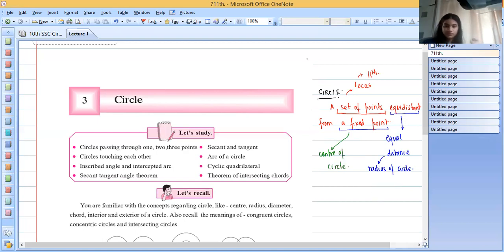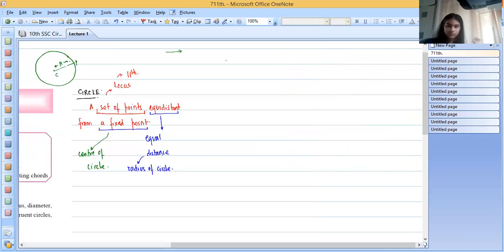So if I draw a circle like this, and this is a center, then CP will be the radius. For a circle, there are two things which we should know. One is the circumference of the circle.